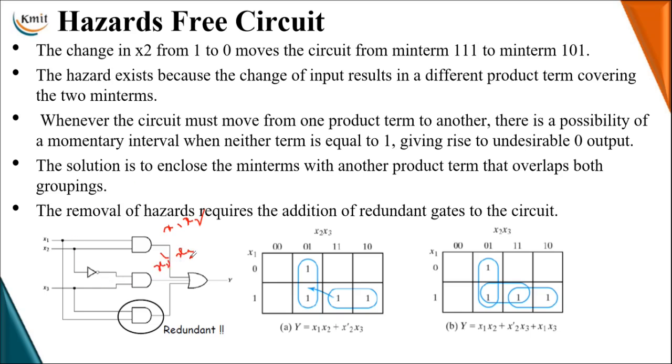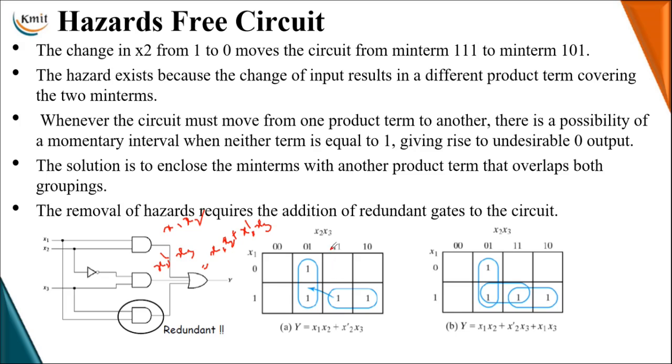So your output is equal to the summation of the product terms x1 x2 and x2 bar into x3. Now, using reverse mapping, let me pair and find out the minterm. Since it belongs to x1 x2, the common variables are x1 and x2, both are ones.